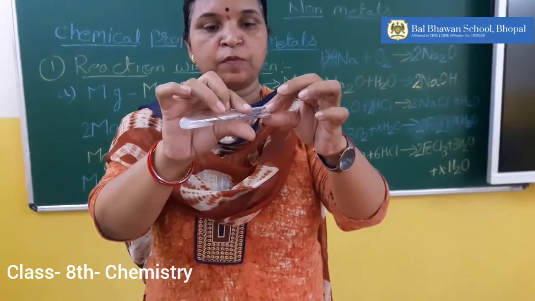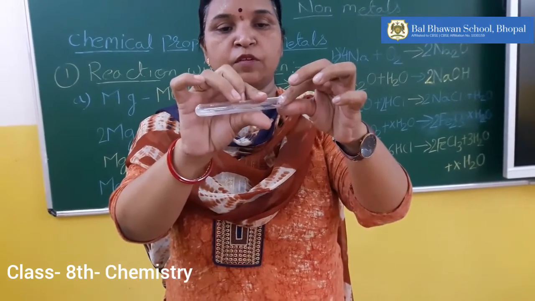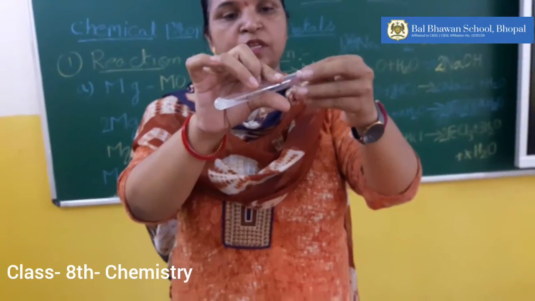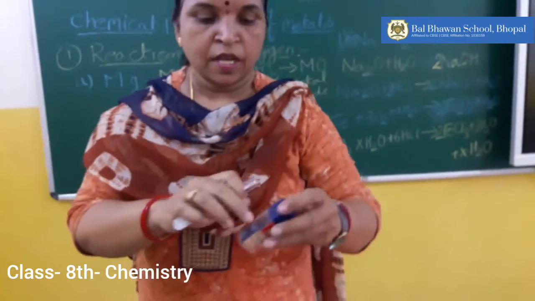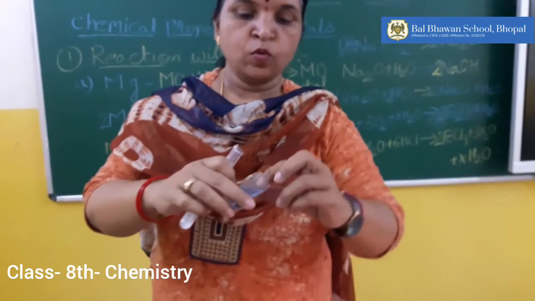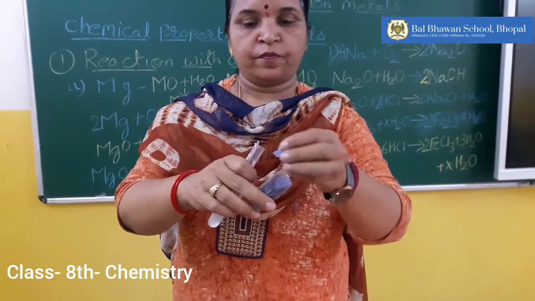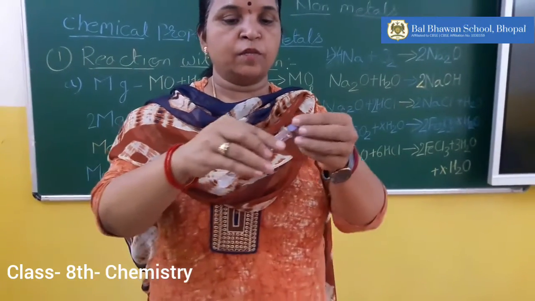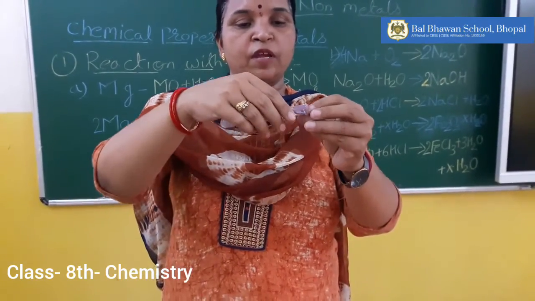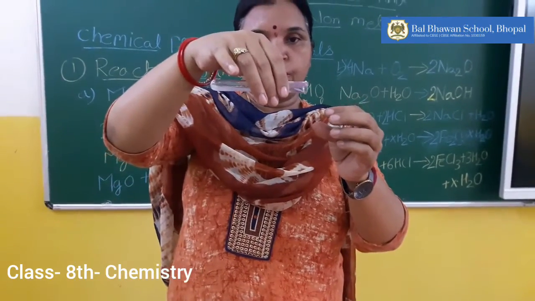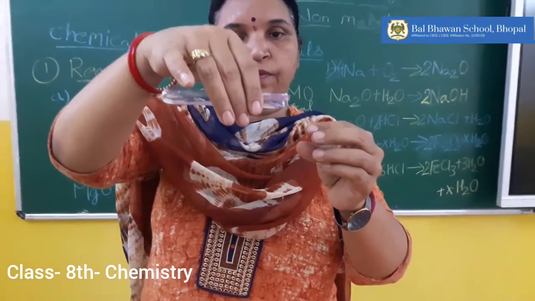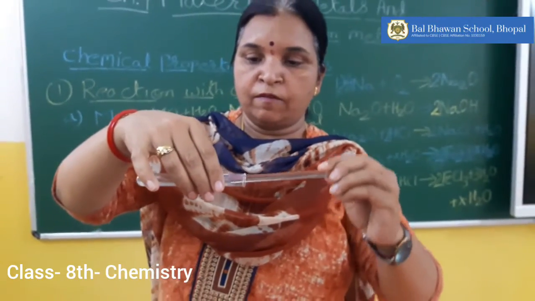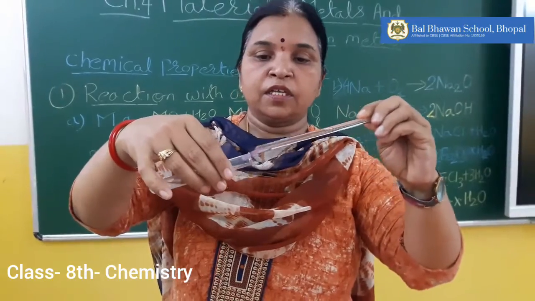As the litmus paper is dry, it is taking a little bit of time, but you can see the color change afterwards. Then I will place the blue litmus paper. You can see that the blue litmus paper remains blue, it does not change its color.